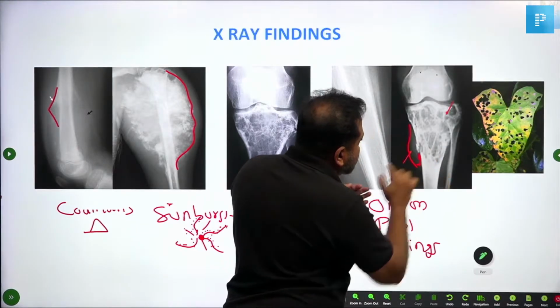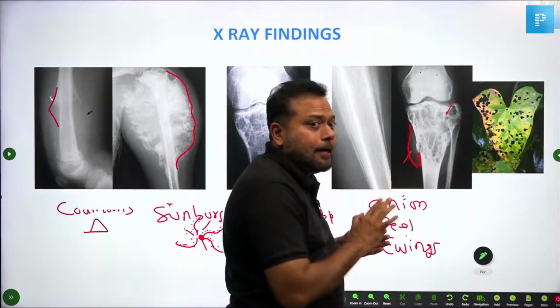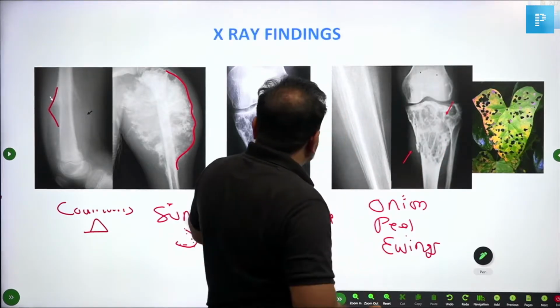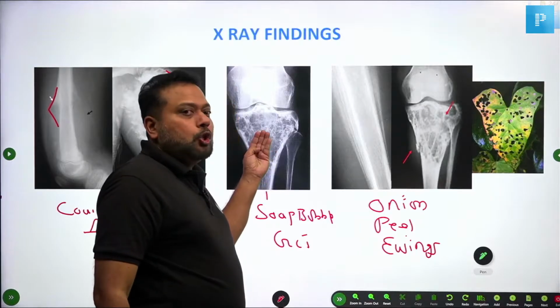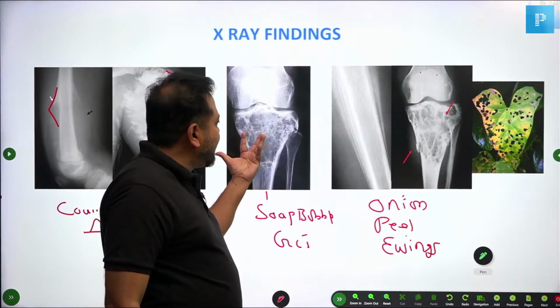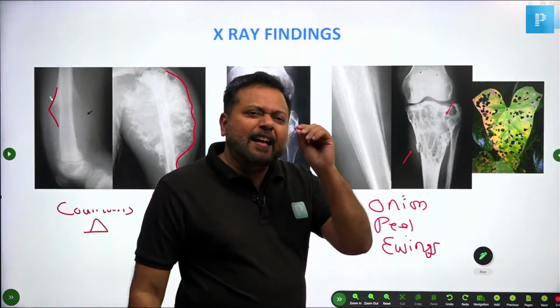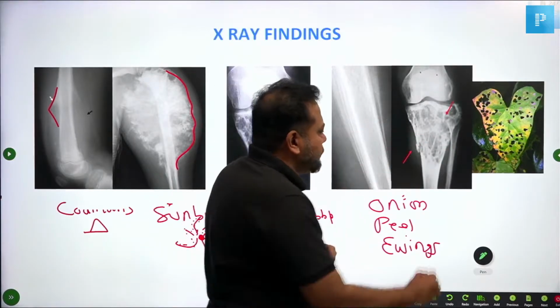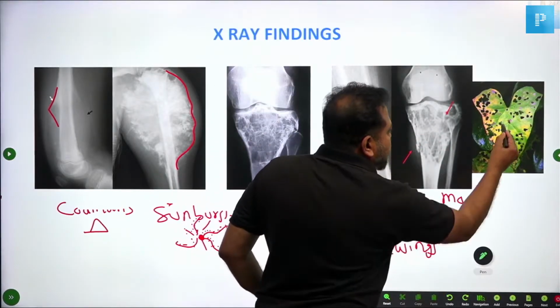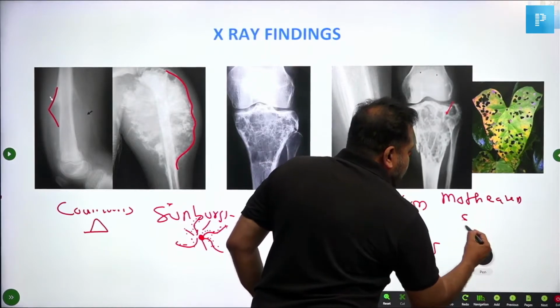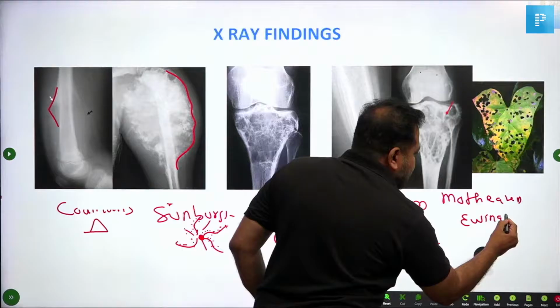Within that, it looks very osteoporotic, and you are seeing microtrabeculation exactly like a soap bubble. Here it seems as if something has bitten the bone, and this is called moth-eaten appearance. Exactly, moth-eaten appearance. Okay, again the diagnosis is Ewing's sarcoma.